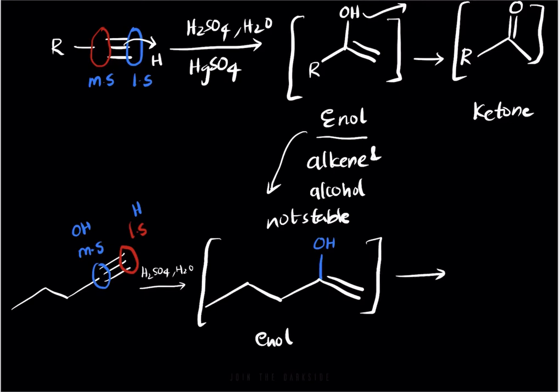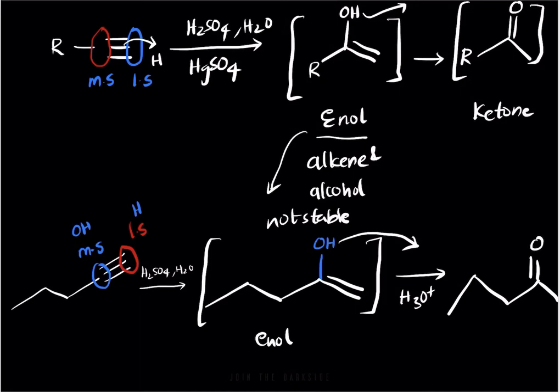This enol, under further reaction in the presence of the acid and H3O plus, loses the proton to H3O plus, resulting in a double bond on the OH group and a single bond.